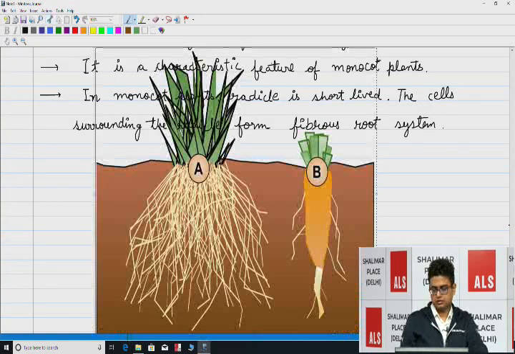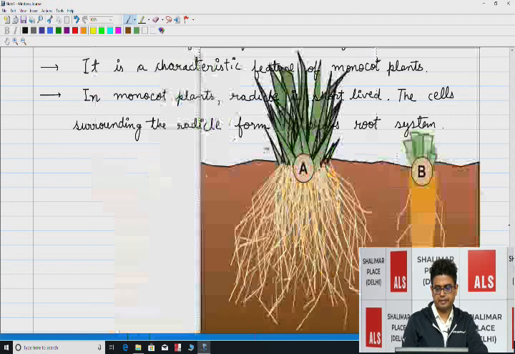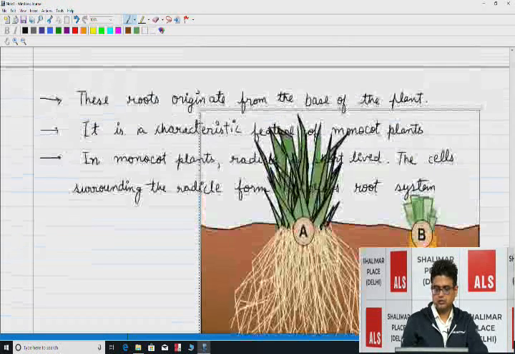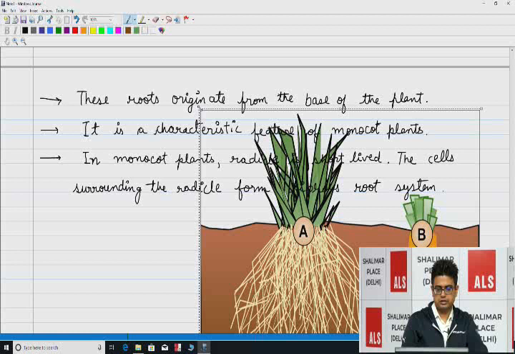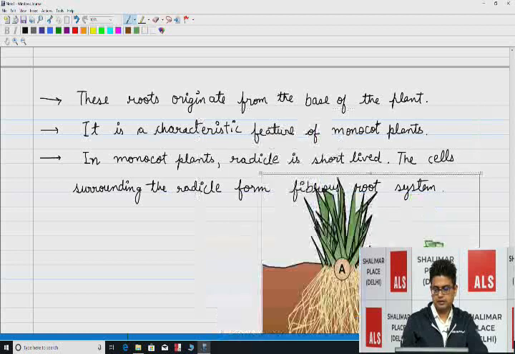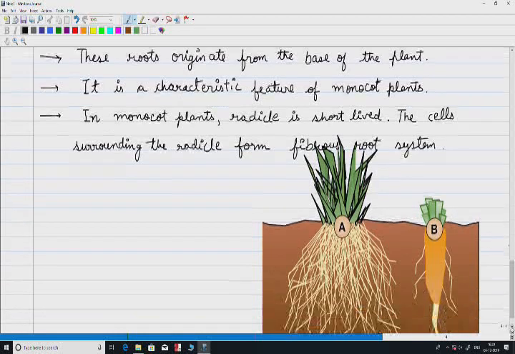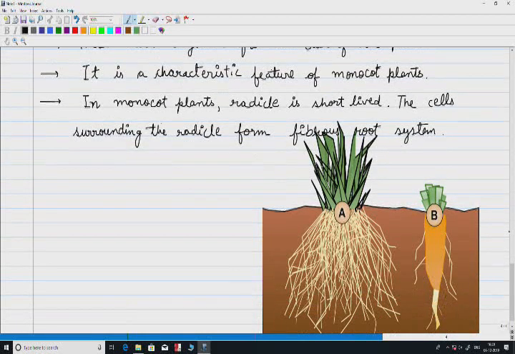So basically, I'm talking about these plants in which the radicle is short-lived. So this is a fibrous root system.